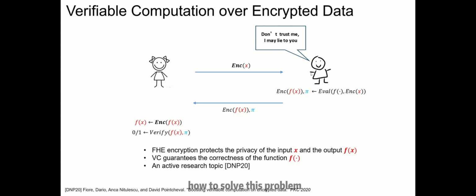How to solve this problem? The idea is that along with the evaluation procedure, Bob also generates a proof pi and sends the proof pi together with the encrypted result to Alice, and Alice can verify this proof by this verify algorithm. Alice will be convinced that Fx is correctly computed.